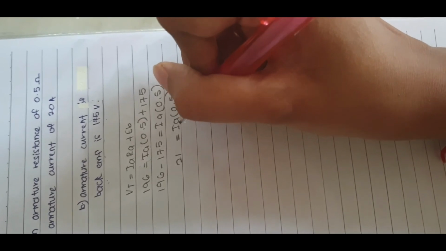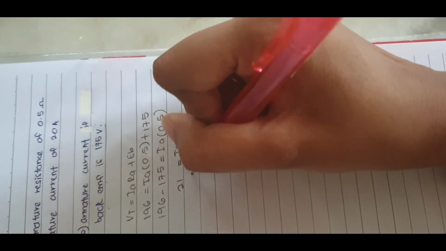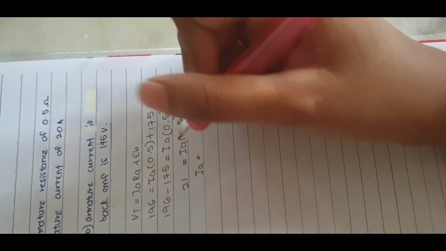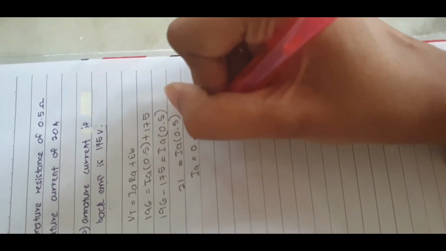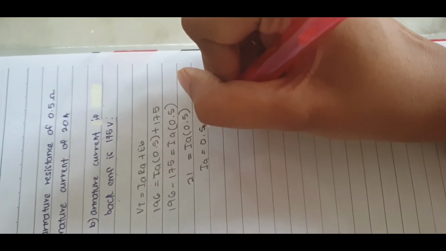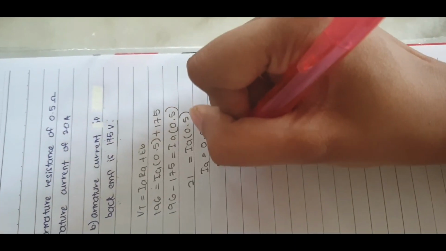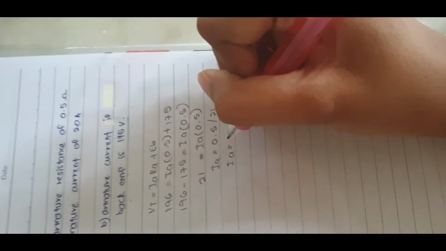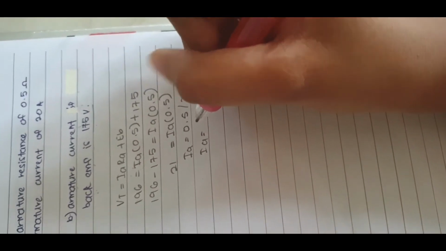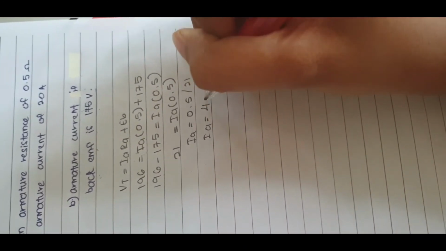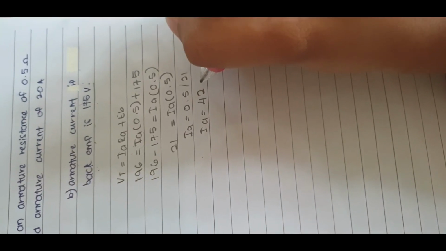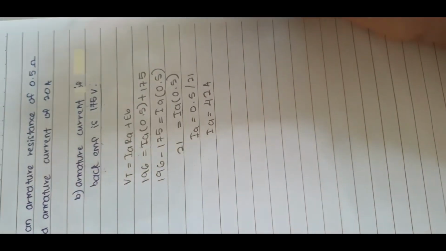Now we are going to shift this IA to the left side and this 21 to the right side. It will become 21 divided by 0.5. The answer for armature current is 42, and the unit for armature current is A.